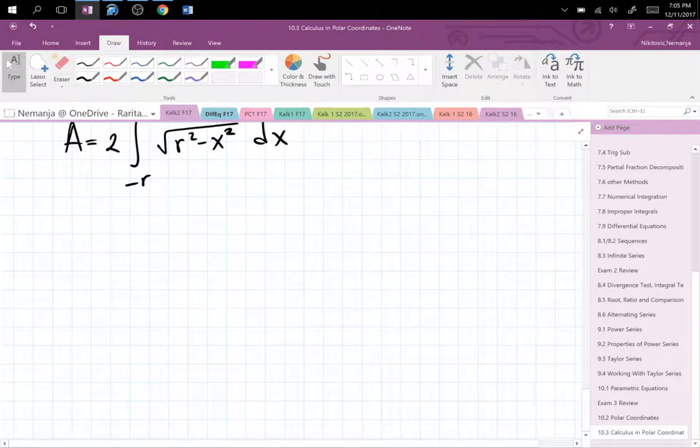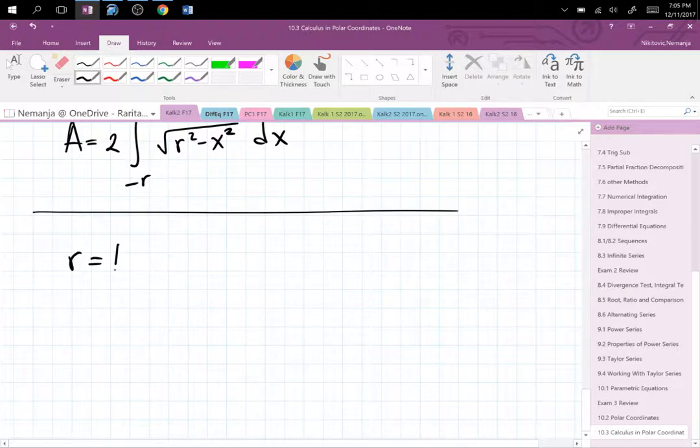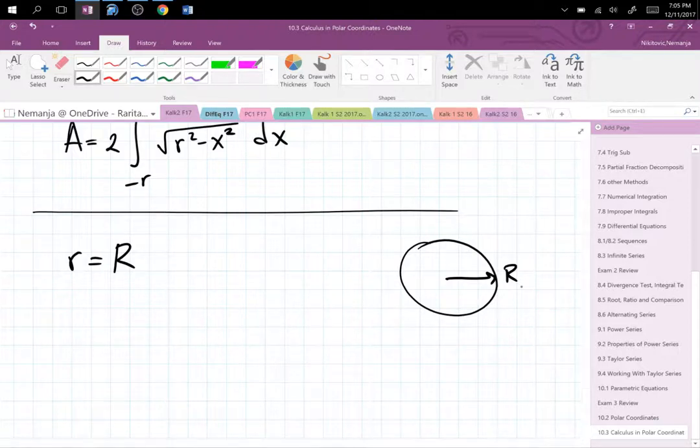What was the equation for the circle in polar coordinates? R equals some constant, right? Whatever the radius was. That's your r. Whew. Isn't that nice? So how do we find the area here?